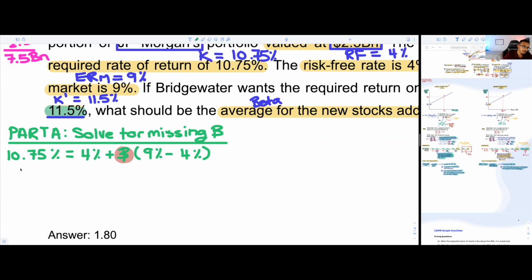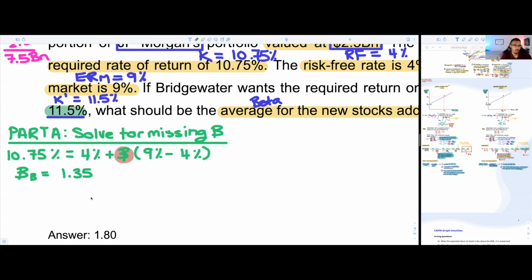The beta of Bridgewater's fund would be equal to, we could solve for it together: 10.75 is equal to 4 plus x times 9 minus 4. Let's see what we get. We're going to get something along the lines of 1.35. That's going to be our missing beta, 1.35.